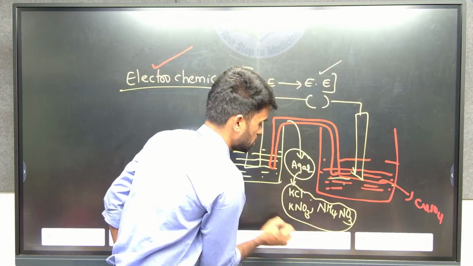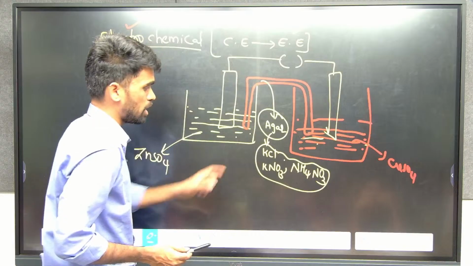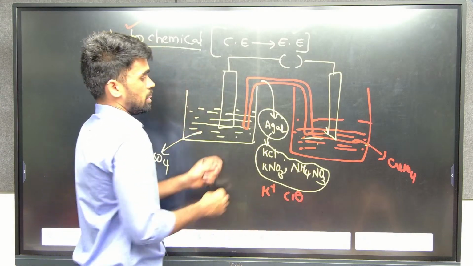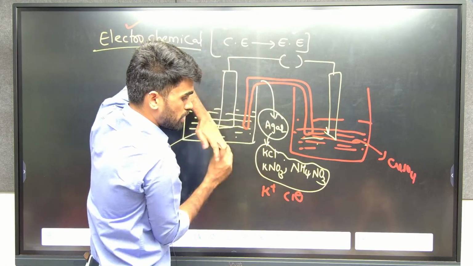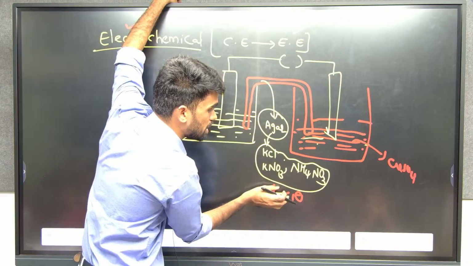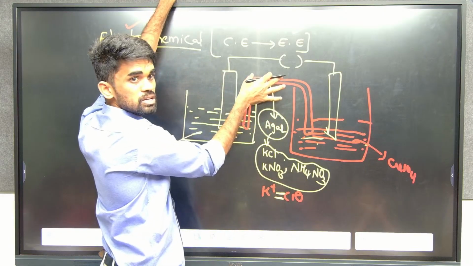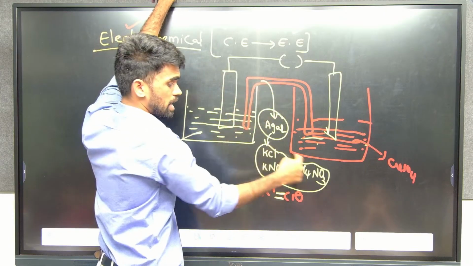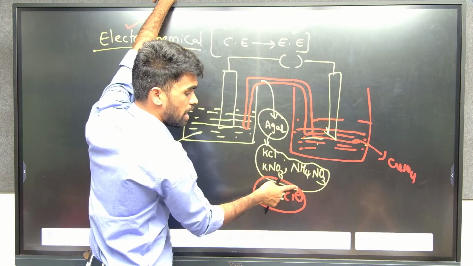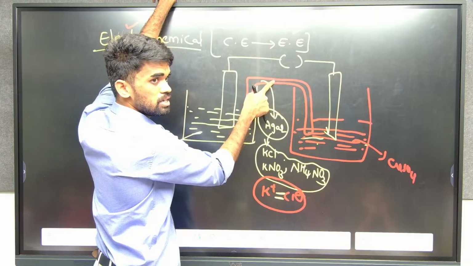Because if you observe, there is one K plus ion and one Cl minus. The transport number, the mobility of cation and anion, should be equal. Only that kind of substance will be used in the salt bridge. The electrolytes which have the same mobility for cation and anion will be used in the salt bridge.